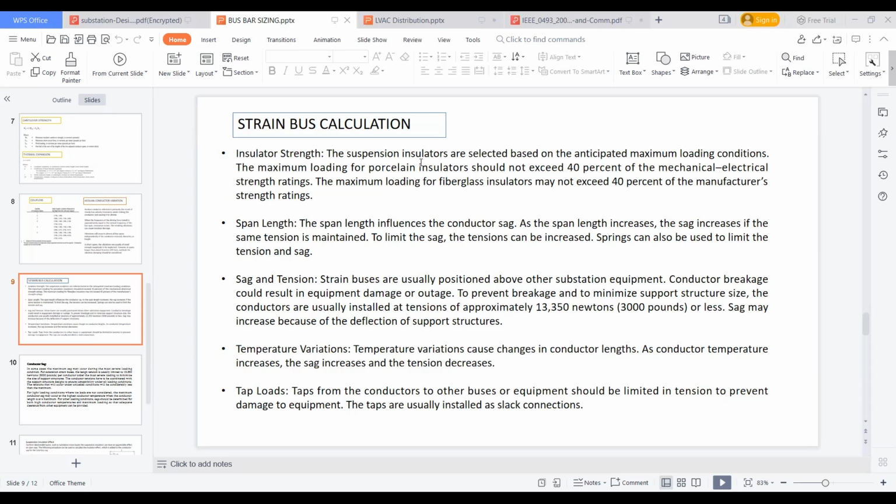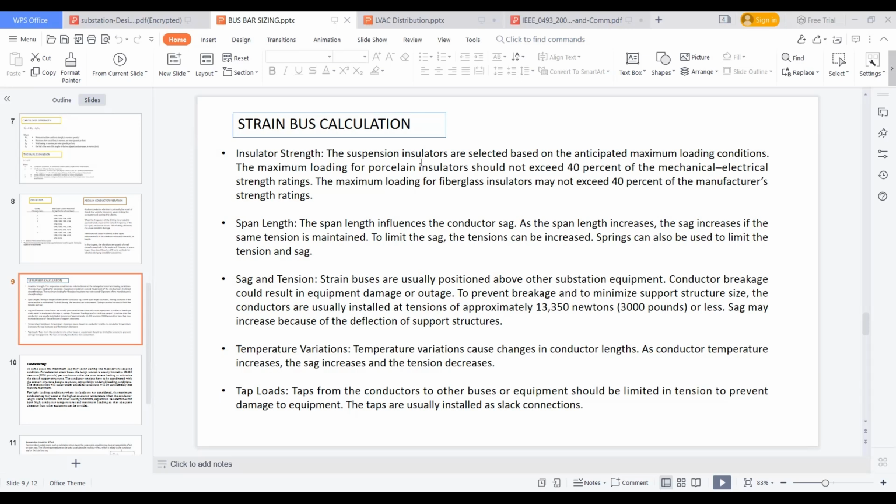So, sag and tension: strain buses are usually positioned above other substation equipment, as I discussed now. If the conductor breaks, that could result in equipment damage or outage.